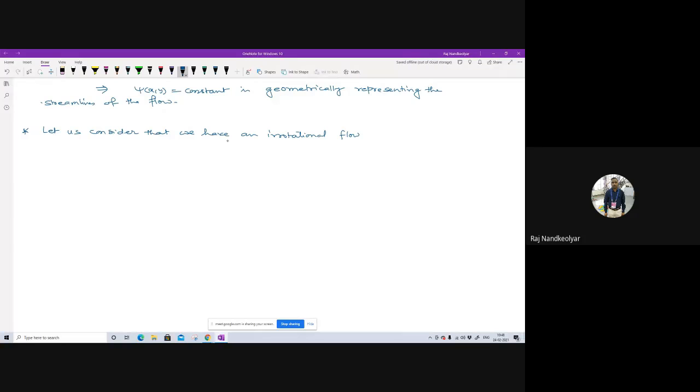Since the flow is irrotational, we know that curl of Q will be equal to zero vector. Any doubt in this? For an irrotational flow, curl of Q is equal to zero vector.